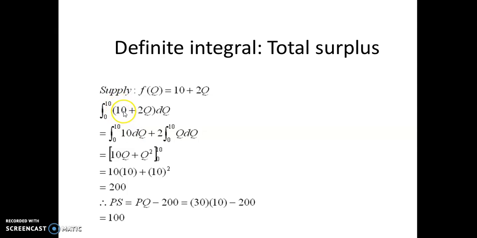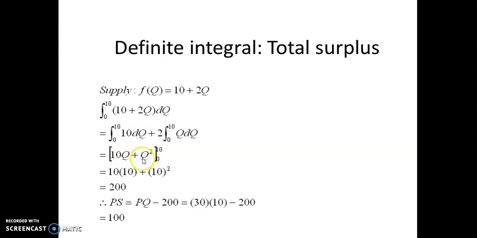Remember, if you integrate a constant k, it's simply going to be 10q. And if you integrate 2q, I've got an exponent of 1, so n is 1, and 1 plus 1 is 2, so it's simply q squared. Then I have 1 over n plus 1, which is 1 over 2 times 2, giving 2 over 2, which is just positive 1.